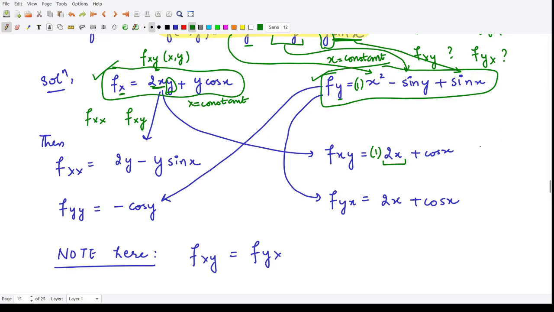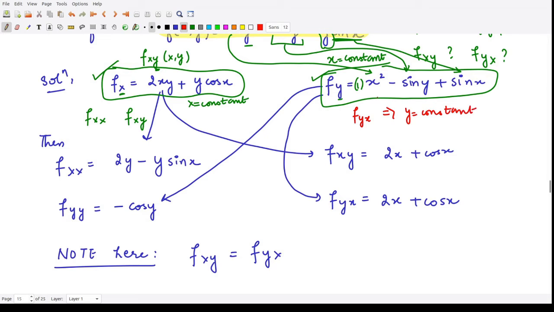Similarly, we can compute fyy and fyx. Because now we have this fy, we can first differentiate it with respect to x. Correspondingly we will keep y as constant for doing so.